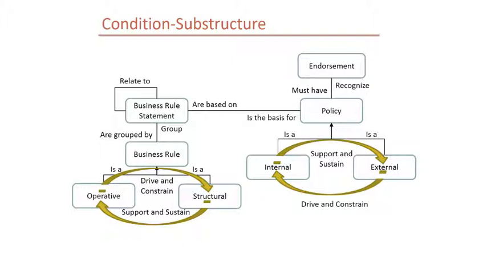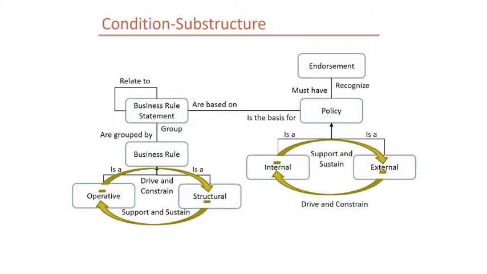The policies will either be internal or external. If they're internal, we are allowing them to drive and constrain ourselves. If they are external, then we are creating internal policies from the external source. So there's a support and sustain and drive and constrain relationship there as well.